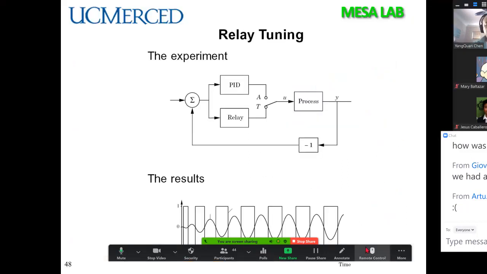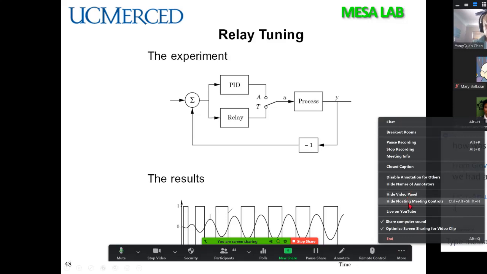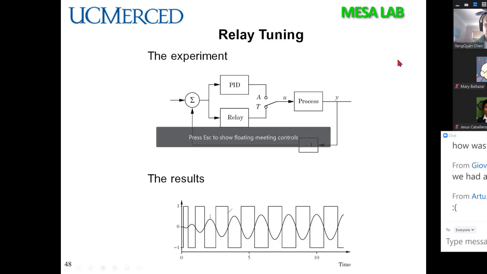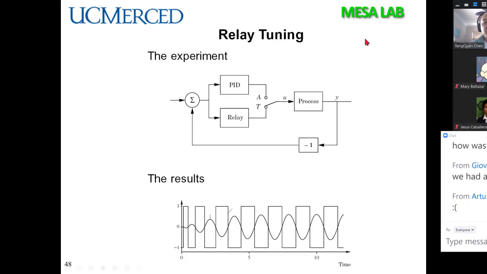So in industry, if you buy a commercial PID controller off the shelf, it is called COTS, commercially off the shelf.